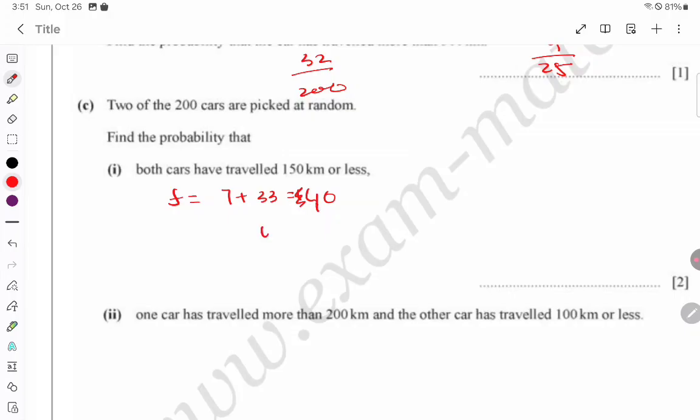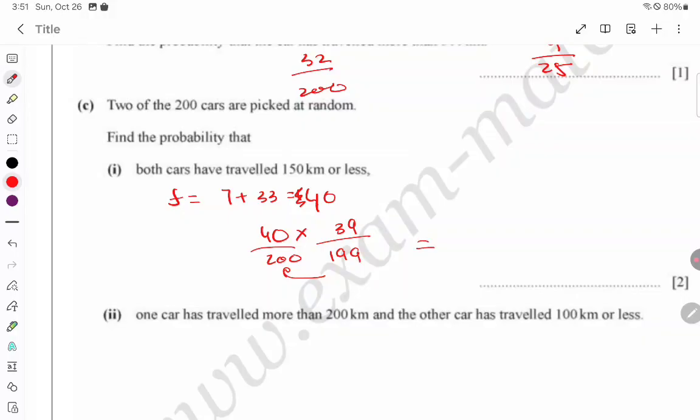And again, the first value given is 40, the second one should be 1 less, 39 over 200 cars total, and since 1 is included here, the second one will become 199.